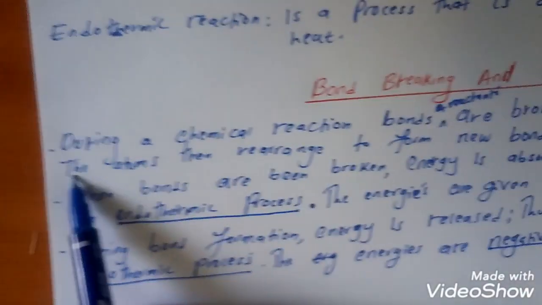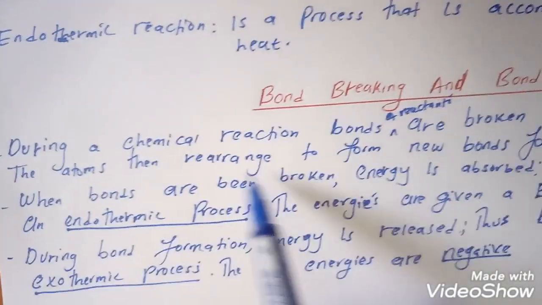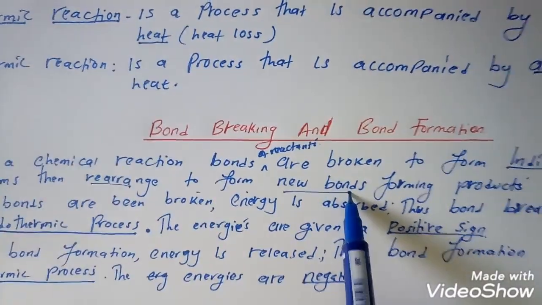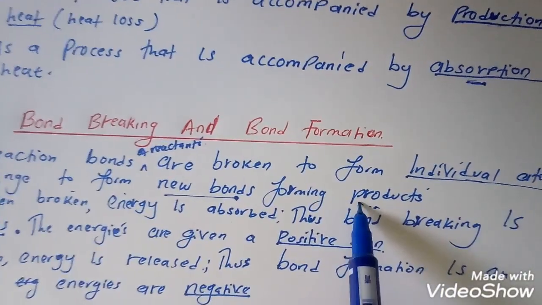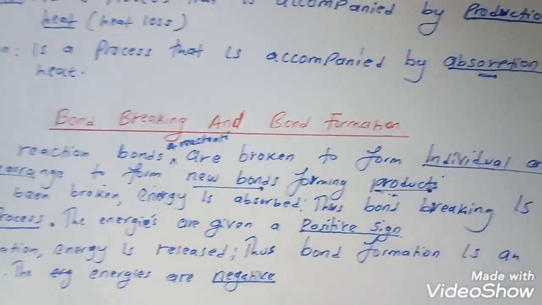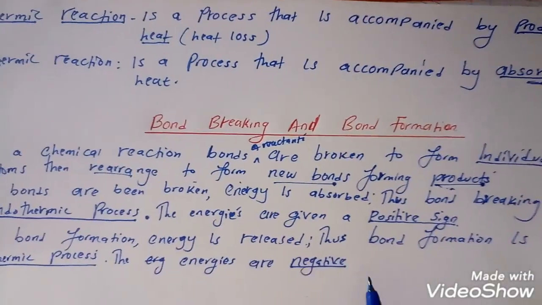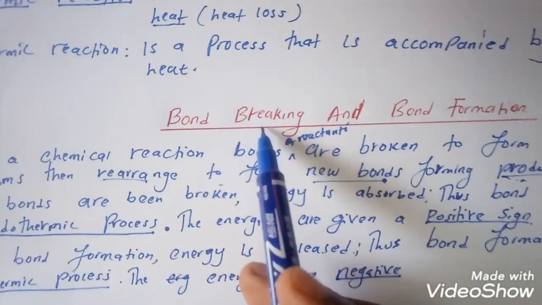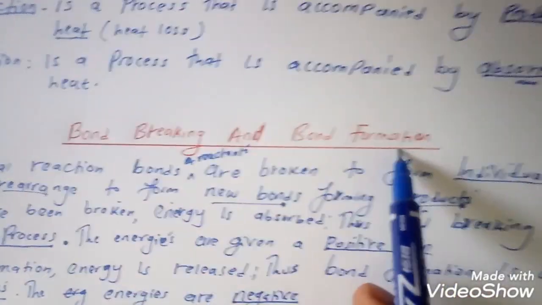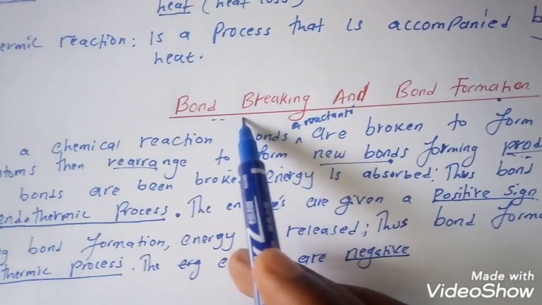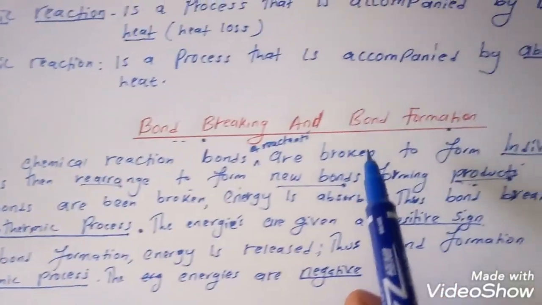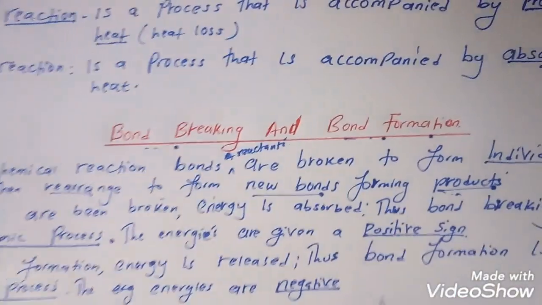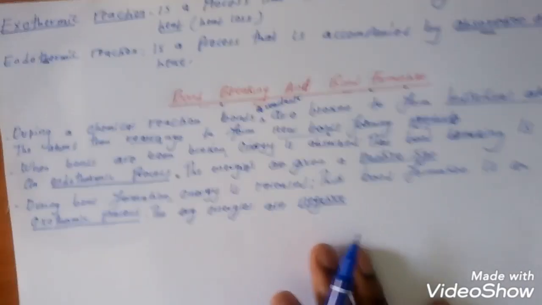The atoms then rearrange to form new bonds, forming products. So what you're supposed to know here is that when a chemical reaction is taking place, there is bond breaking and bond formation. The bonds of the reactants are broken, and then the atoms rearrange themselves to form new bonds, and new bonds form what you call the products.